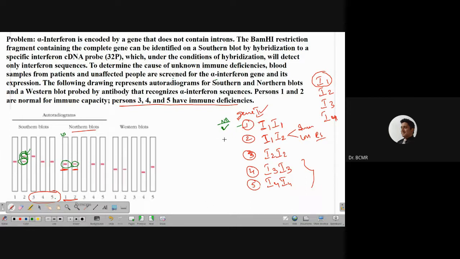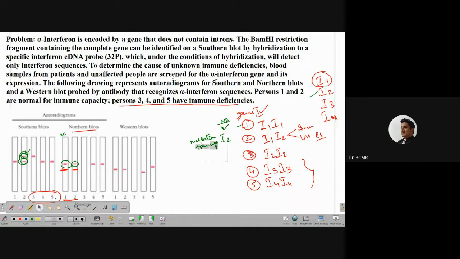So probably what you can say is I2 has a mutation that is affecting the transcription. Okay, I2 could be a mutation in which the transcription is inhibited. That is what you can think of it.